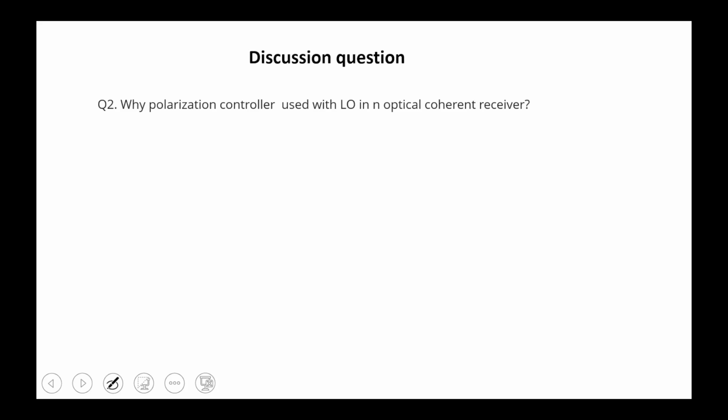Why is polarization control used with the local oscillator in the optical receiver? In the balanced detection, why do we use the polarization control with the local oscillator? Can anyone answer that? And what is the basic component for the balanced detection?